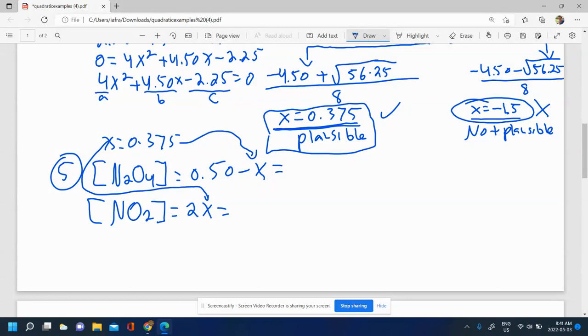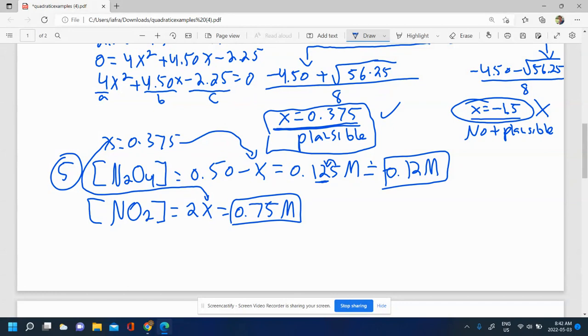And so we'll get 0.5 minus 0.375. We get 0.125 molar, or according to the number of sig figs, we need 2 sig figs. We'll round to 2 sig figs here. Because you have a 5 and nothing else, remember we round to keep it even, so 0.12 molar. And then here it's 2 times the 0.375, and that will give us 0.75 molar. And so these are our equilibrium concentrations for this system.